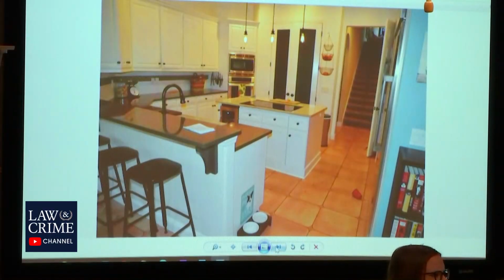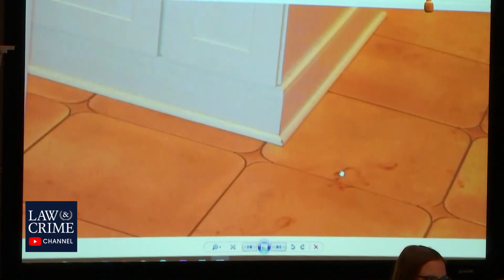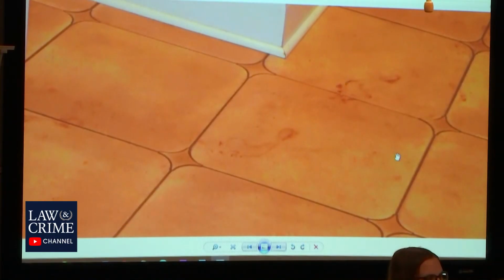So from here, I am standing right here with my back to the family room, and I am looking in at the overall status of the kitchen area. Okay. And are you at this time observing what appeared to you to be these shapes consistent with a footprint having the appearance of blood? That is correct.